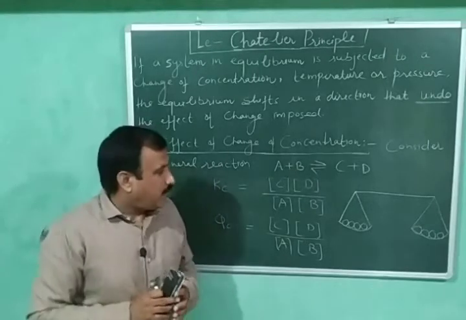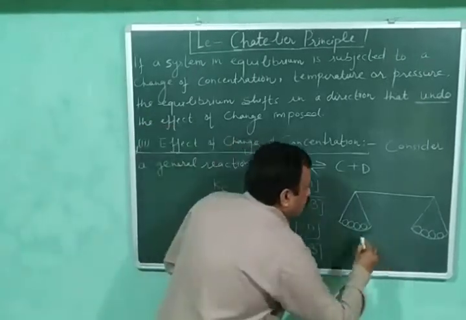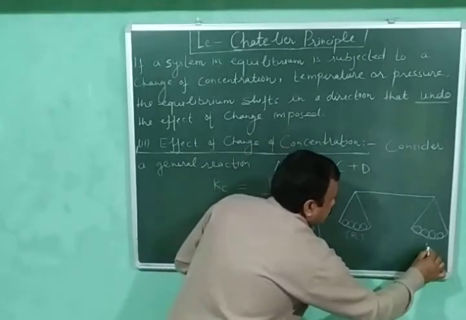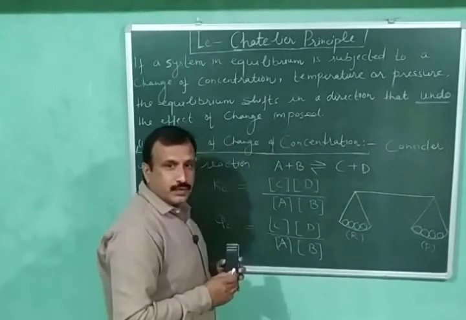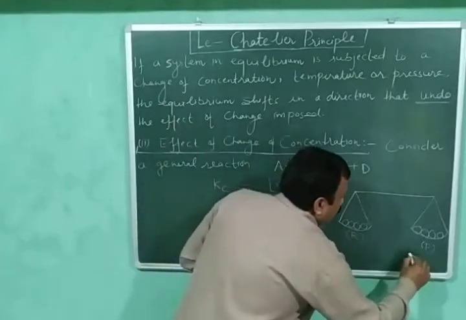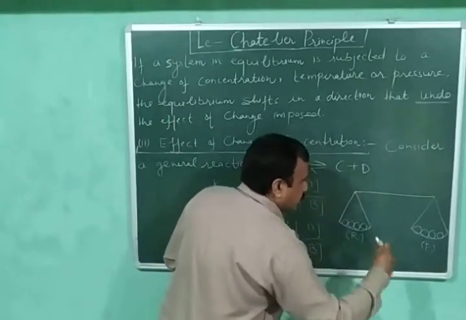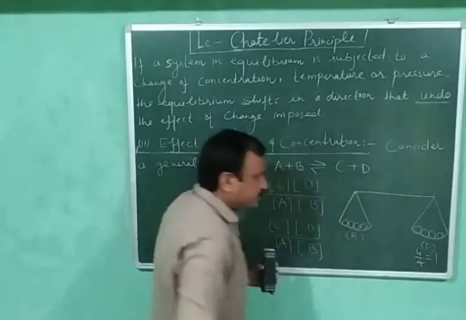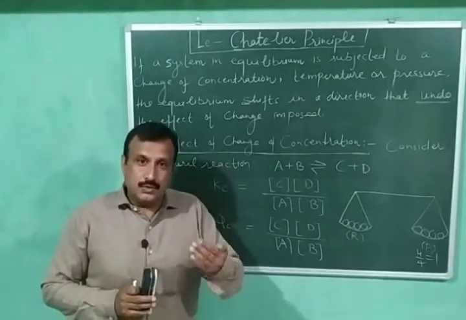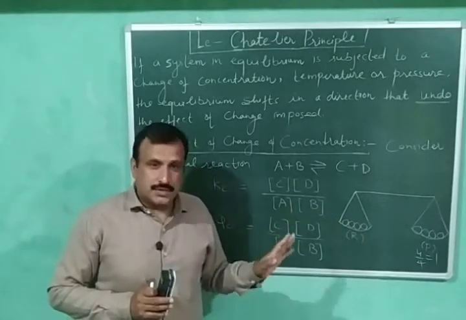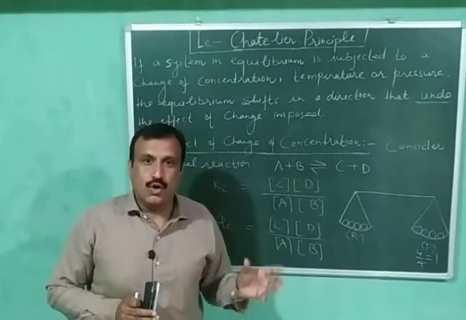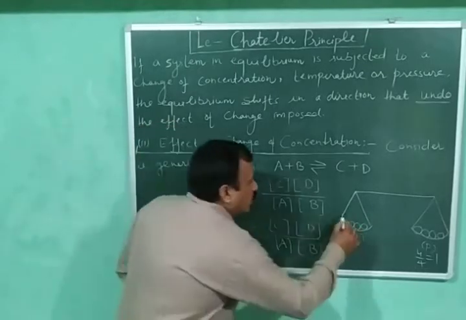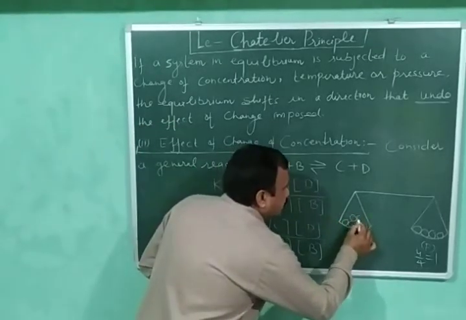Suppose these are our reactants and these are our products. So the ratio of the products to the reactants will be equal to 4 divided by 4 equal to 1. Now what I do, I increase the concentration of the reactants by adding more balls in this compartment. So I add 2 balls in this compartment.